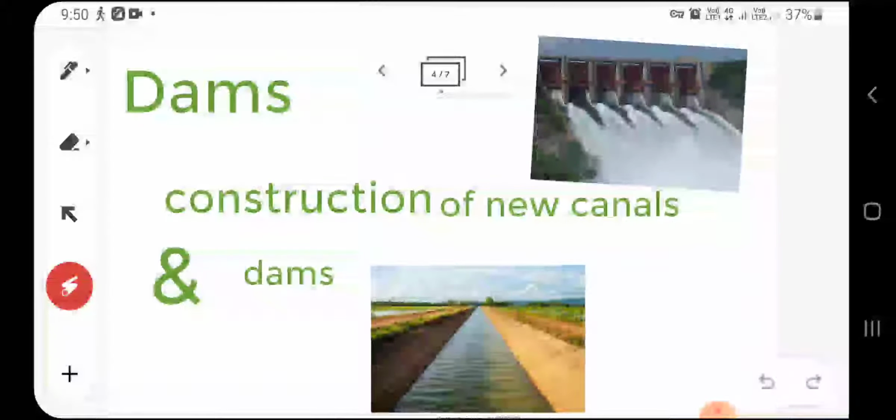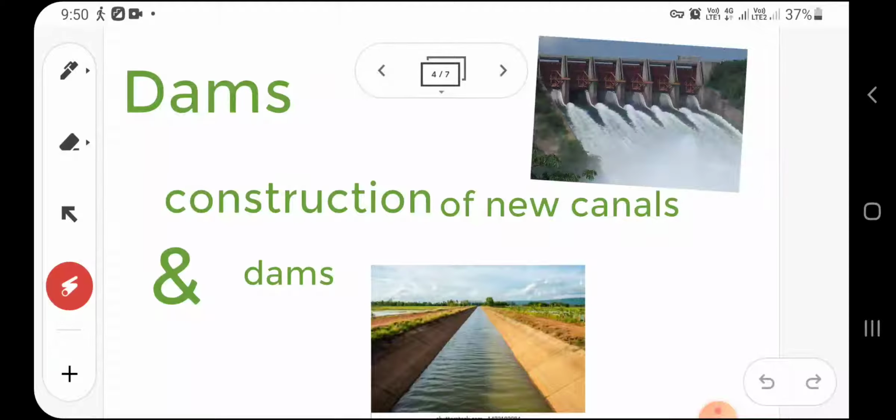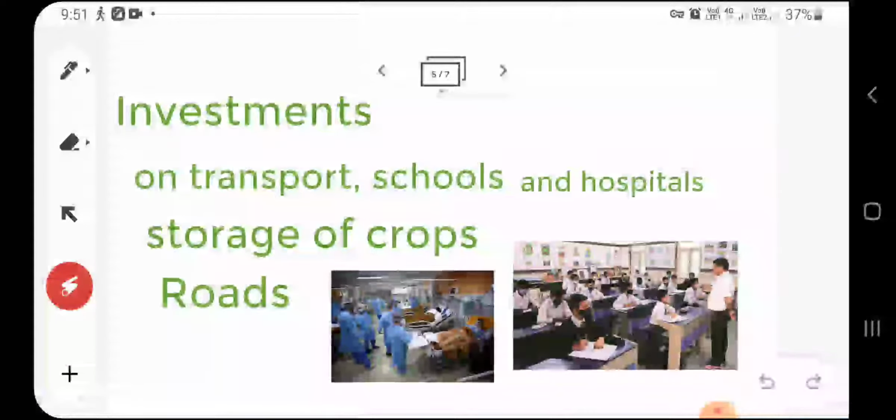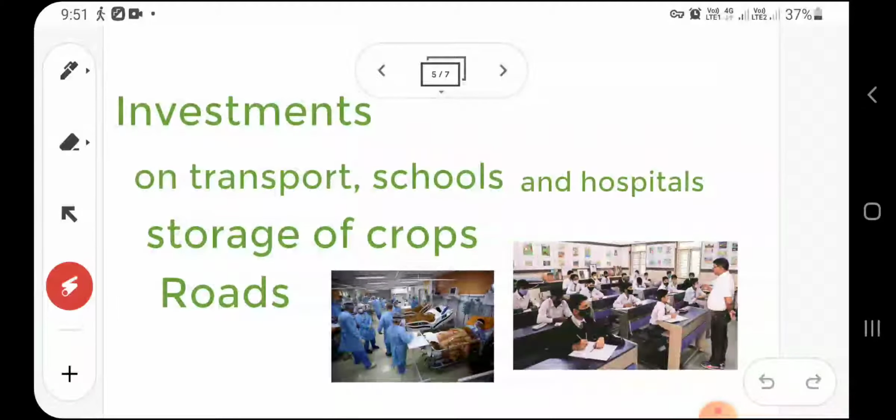Another point to create more employment, constructing dams. Dams would serve the needs of farmers for irrigation. On the other hand, people engaged in such construction activities also get employment. This is one way of creating employment. Another one, investments on schools, hospitals and roads.